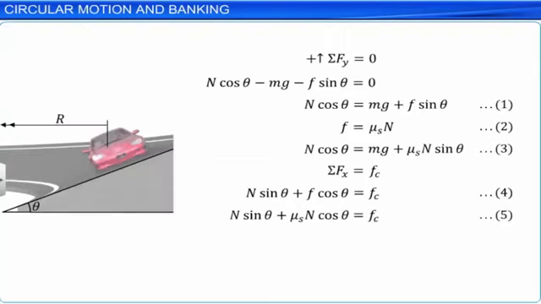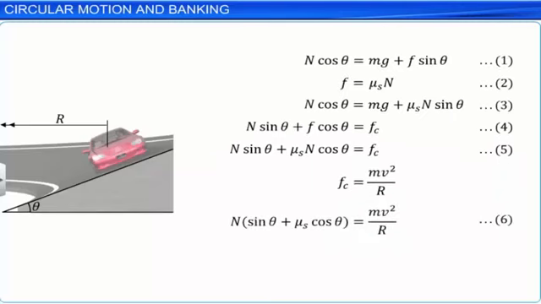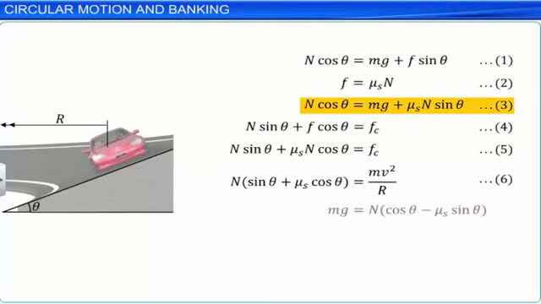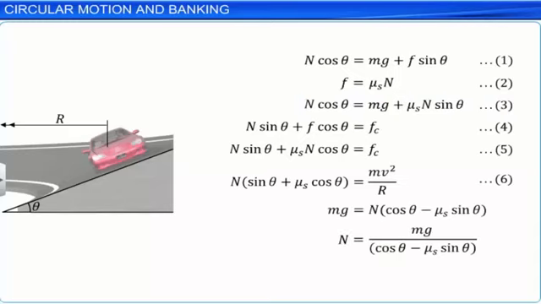But Fc is equal to mv squared divided by r. Substituting this in equation 5, we get equation 6 as shown. From equation 3, n is equal to mg divided by cos theta minus mu s sin theta. Let us call this equation 7.